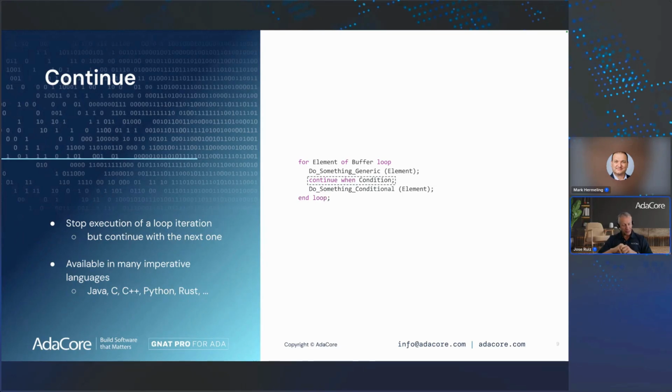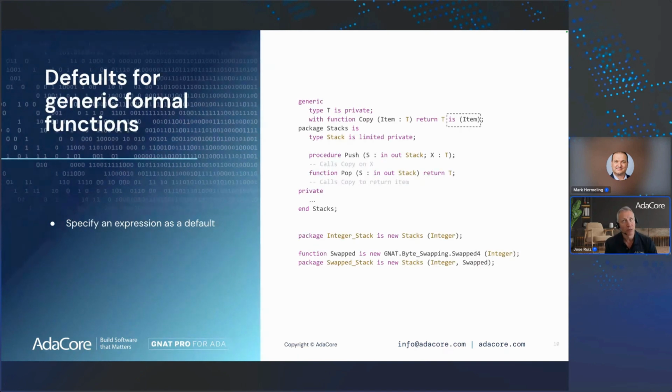Another thing that I wanted to present in our improvement of the compiler is to facilitate the instantiation of generics. One of the small things that we have added to facilitate the addition of a function to a generic package is to be able to specify a default expression that is being used for a function.